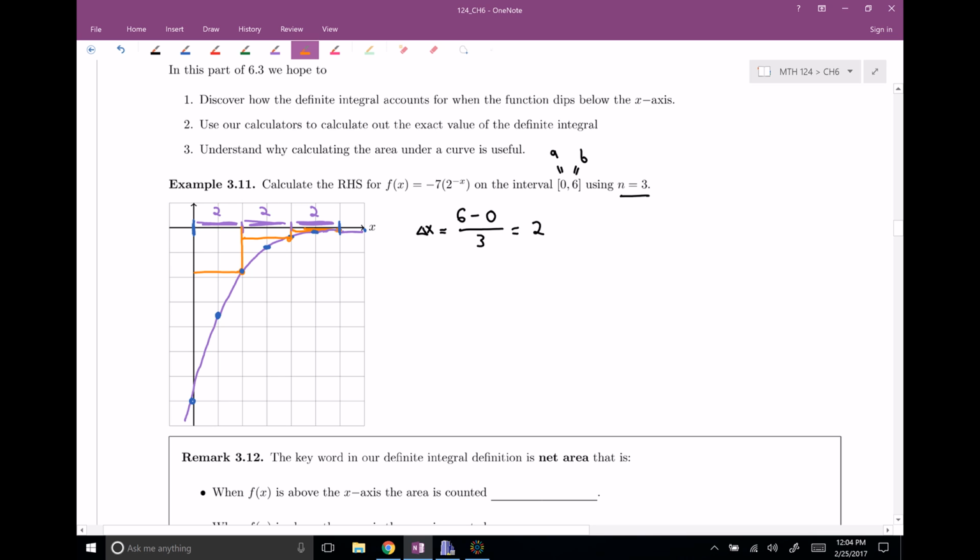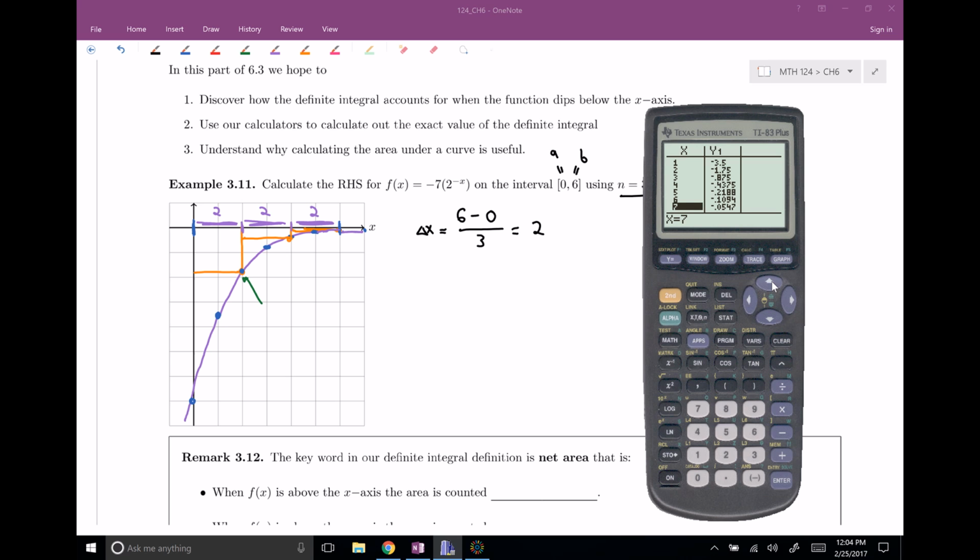Those are going to be my heights of the rectangles. So let's first plug in x equals 2. When x equals 2, as we saw, our value was negative 1.75. So the height of this rectangle should be negative 1.75.